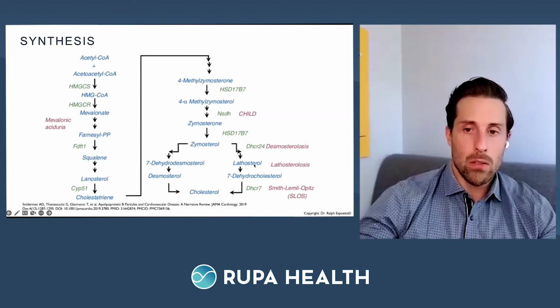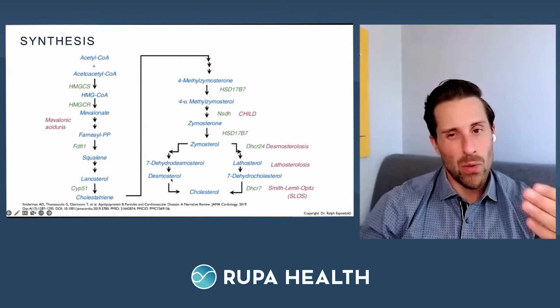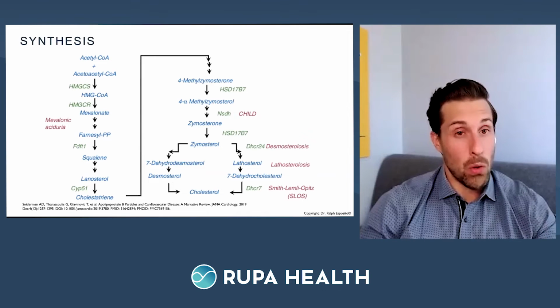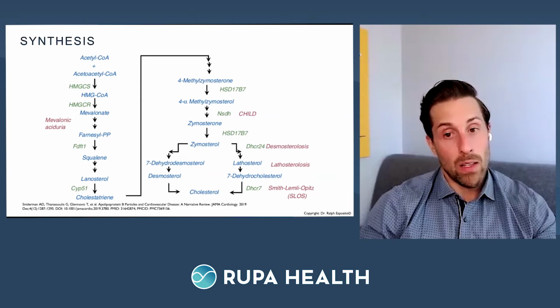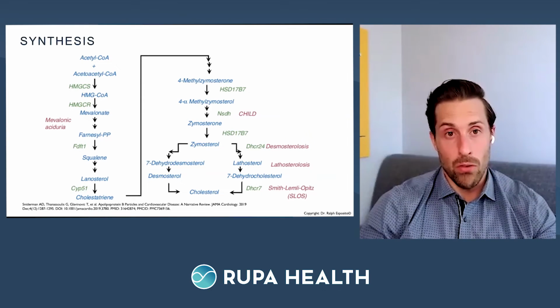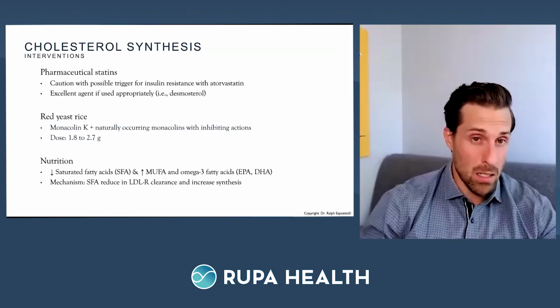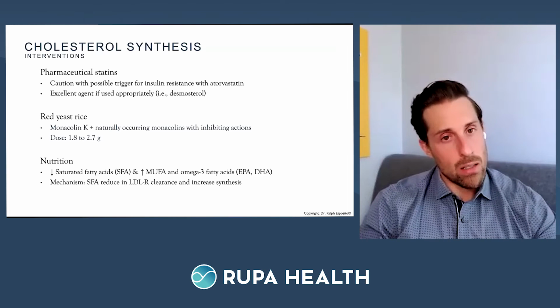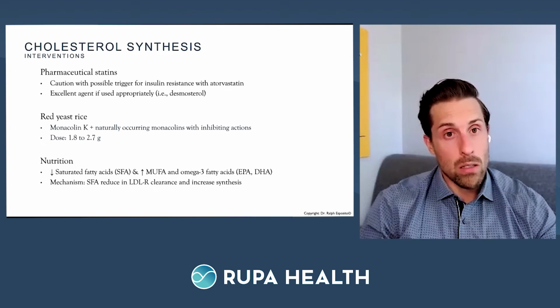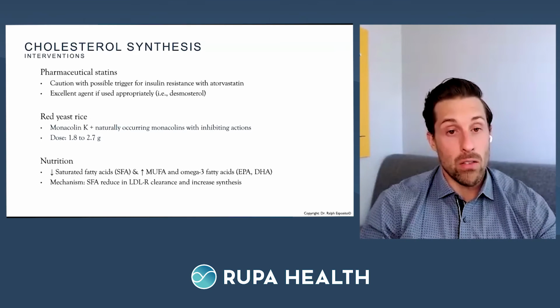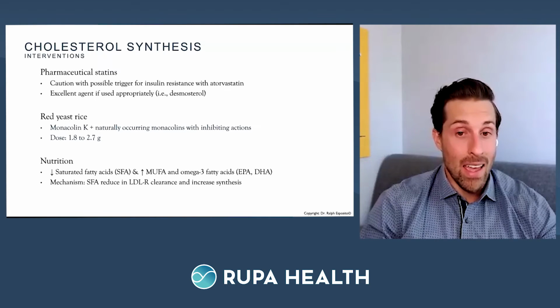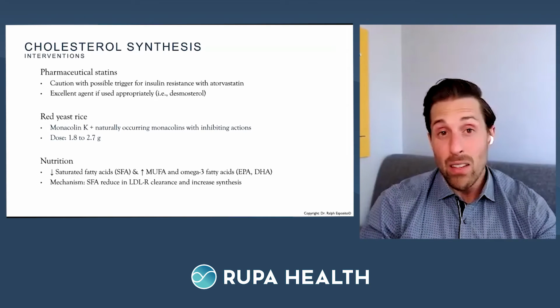Again, bringing us back to our lathosterol and our desmosterol. If we can inhibit those, try to get those down, we're essentially bottlenecking the pathway and preventing cholesterol from being synthesized in the liver, which then gives less cholesterol for the liver to incorporate into lipoproteins. And we see a reduction in ApoB and LDL-C. So we talk about interventions. These would be statins. Other ones, if you're not prescribing, would be red yeast rice, monacolin K, and other natural monacolins found in red yeast rice.